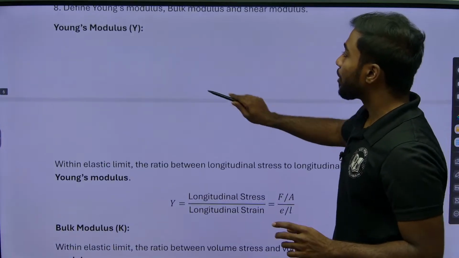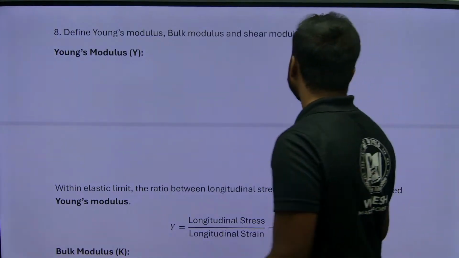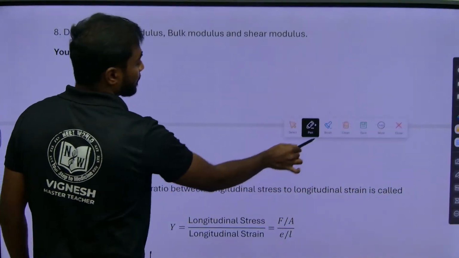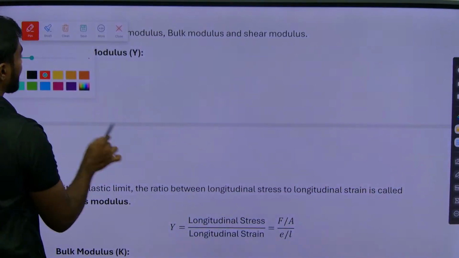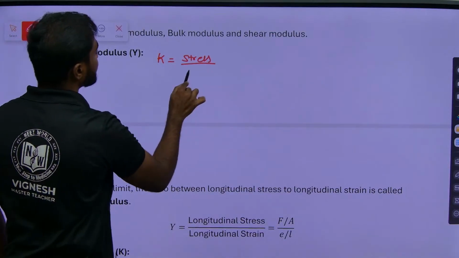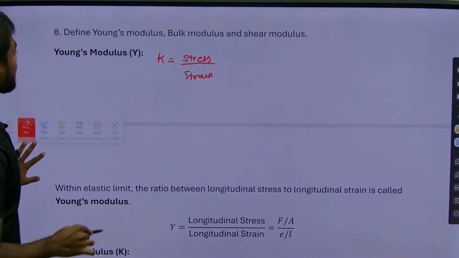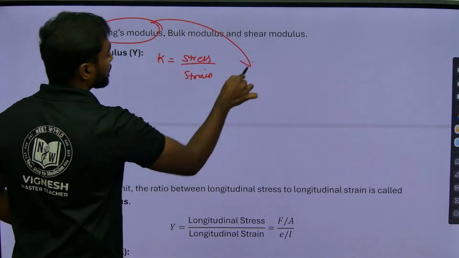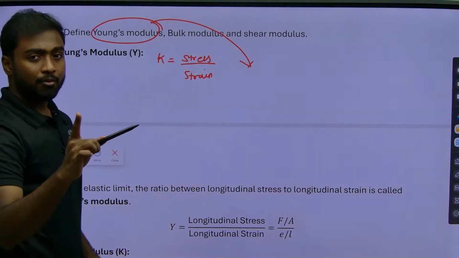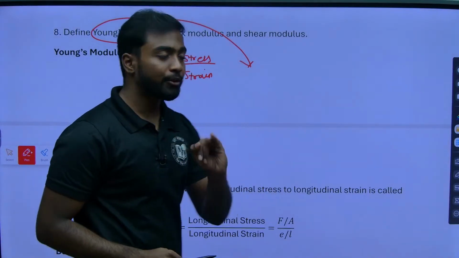So first of all, what does modulus of elasticity mean? Modulus of elasticity K is equal to stress by strain, right? When we talk about Young's modulus, it is for the first type of strain and stress, longitudinal stress by longitudinal strain.